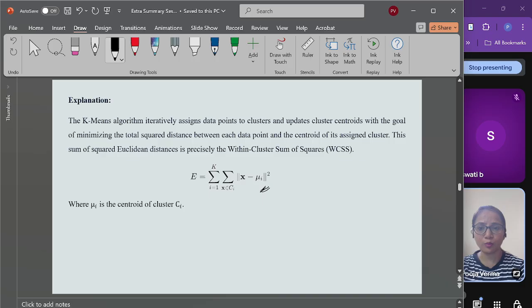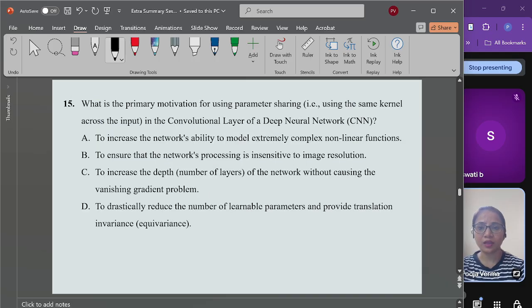Okay, so now moving to our next question. Our next question is, what is the primary motivation for using parameter sharing, that is using the same kernel across the input in the convolution layer of a deep neural network, or you can say CNN, convolutional neural network? Option A, to increase the network's ability to model extremely complex nonlinear functions.